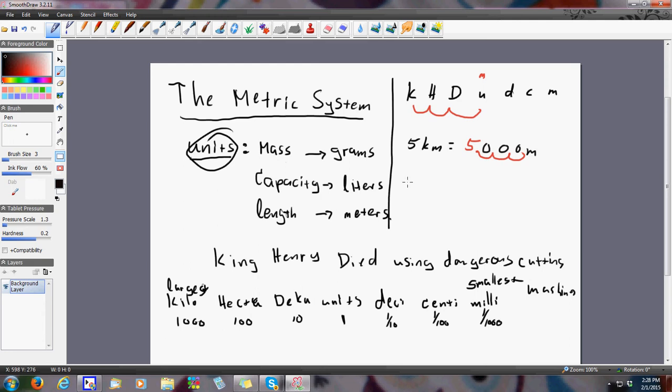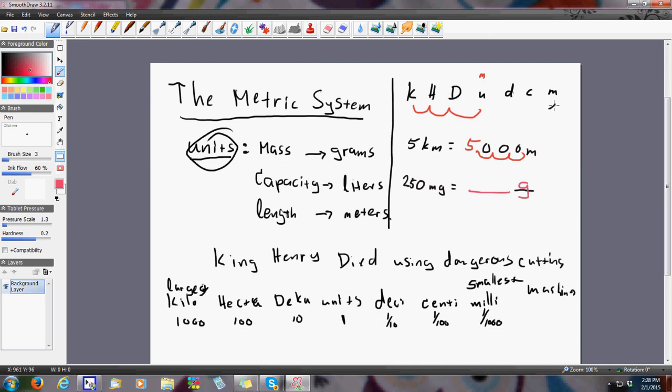Sometimes you'll see on aspirin, it'll say 250 milligrams. If I wanted to convert that into grams, I'd start at milligrams and I want to get to grams.